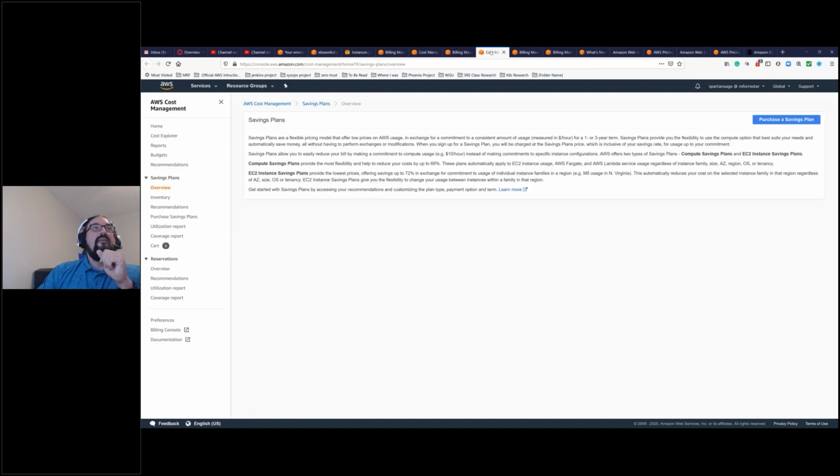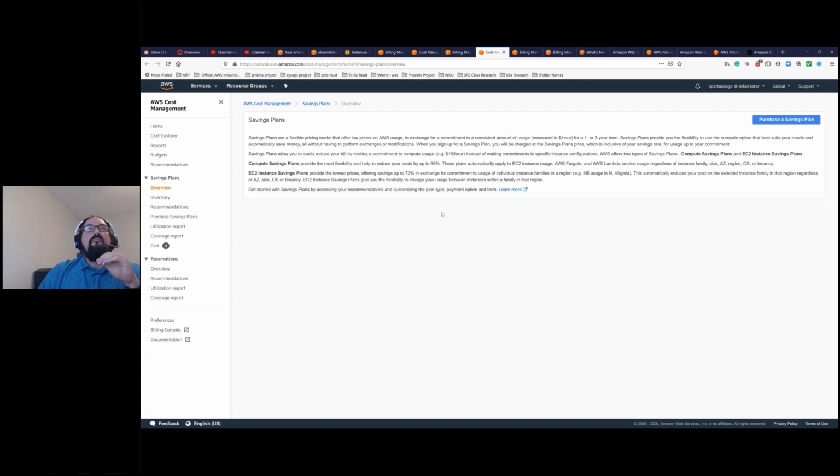That's important. Savings plans, by the way, is basically a way of offering lower prices on a certain pricing model, like compute, for example, or EC2, but you are in a commitment for a 1 or 3 year term. So it's a little different than reservations, which is tied to a particular service. Savings plans are tied to a specific class, like compute or storage or networking, something along those lines.